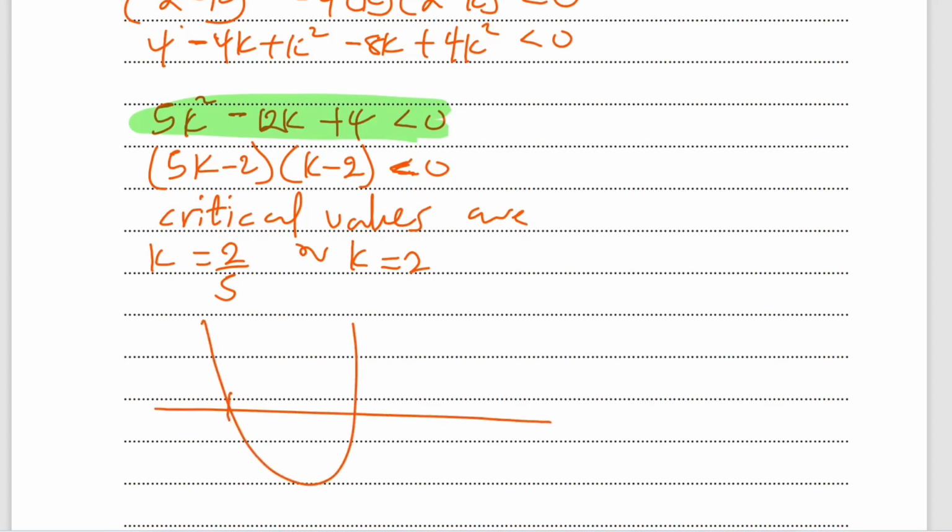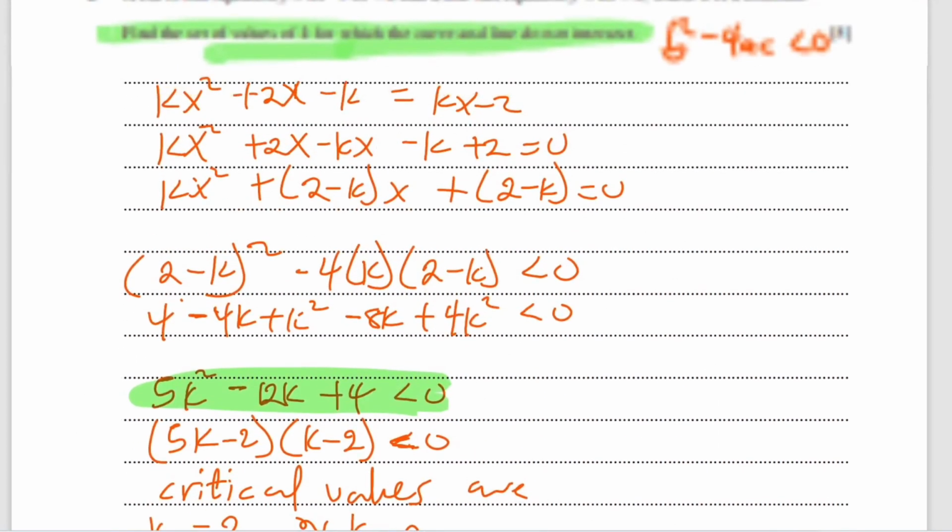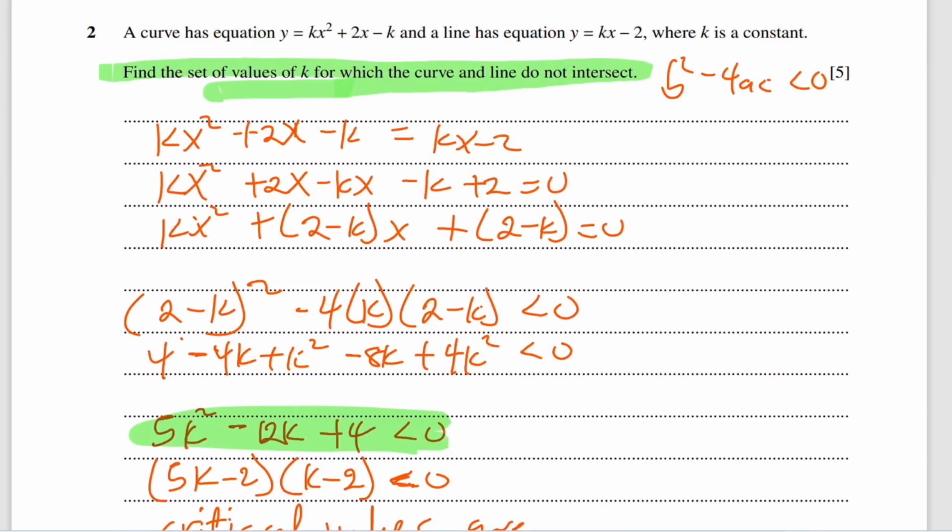And this is 2 on 5, and this is 2. They said it's less than 0. That means all the parts below the x-axis, so we are just working right here. If that is the case, then your k is in between 2 on 5 and 2, and you are done. Nicely for 5 marks.